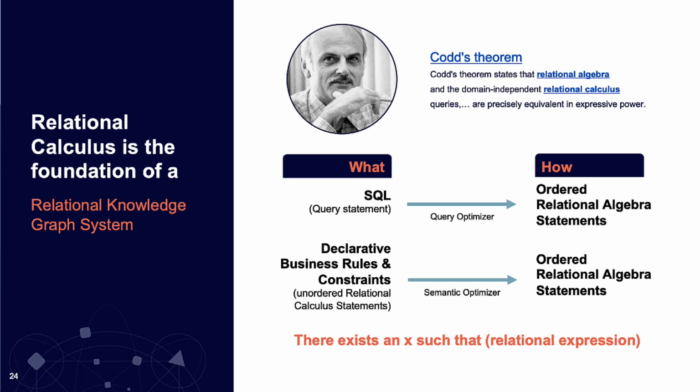Well, if we move to relational knowledge graphs, we now go to the fundamentals of relational calculus, and we issue relational calculus statements that are unordered, okay, and they contain business rules and constraints. And the optimizer is now a semantic optimizer that optimizes not just data, but also the code.